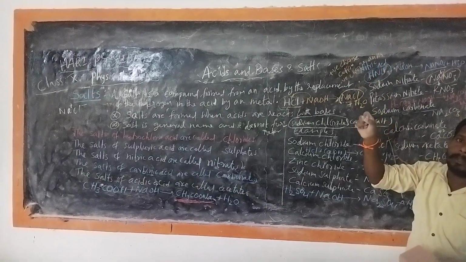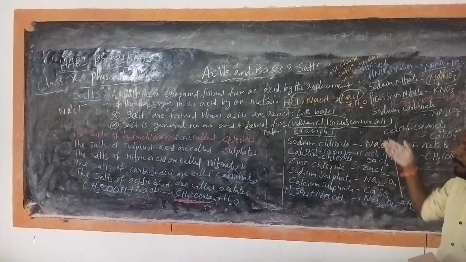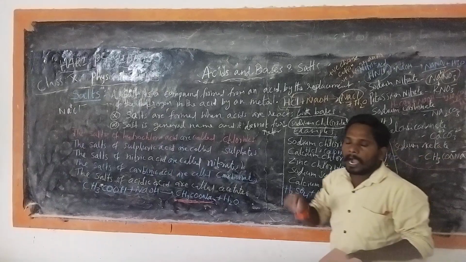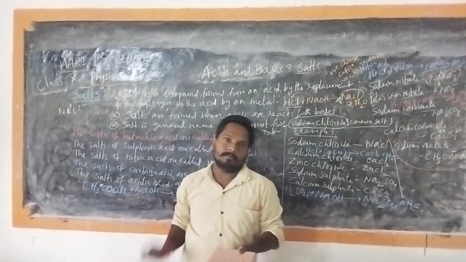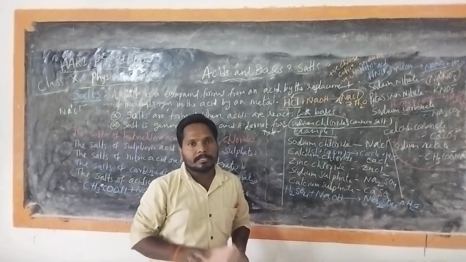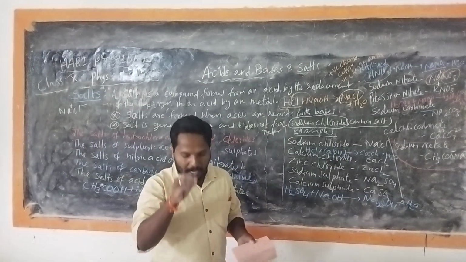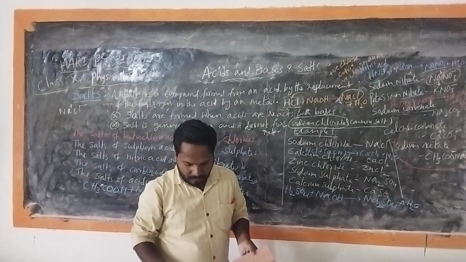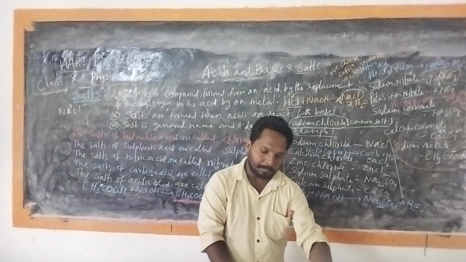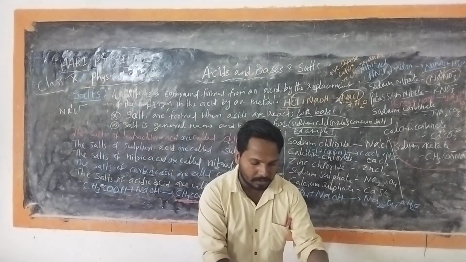Due to this combination of ions, a compound is formed. So salts are ionic compounds because they are obtained from ions.